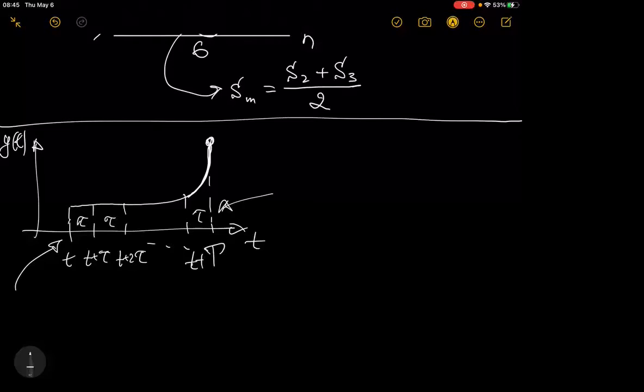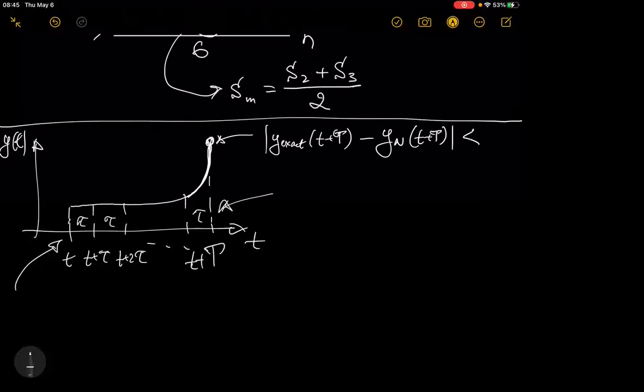Then you can essentially evaluate the error, because you remember that the error at this point is the magnitude of y exact at the point t plus capital T minus y numerical at the point t plus capital T. This is the error which you need to control.